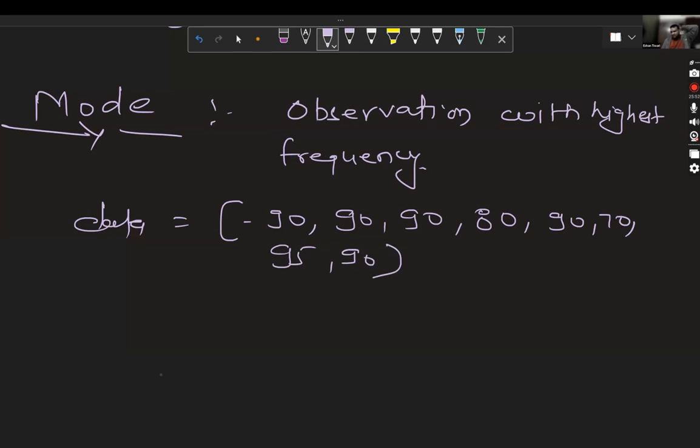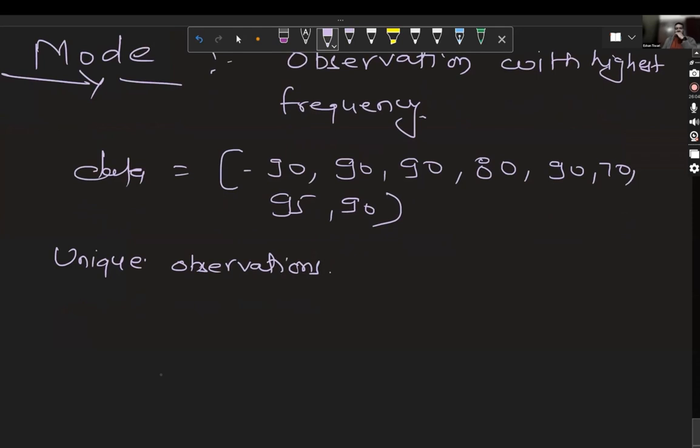The first thing we do is find the unique observations. Sorry, this is not minus 90; I type it again. The unique observations I can see are 90, 80, 70, and 95.